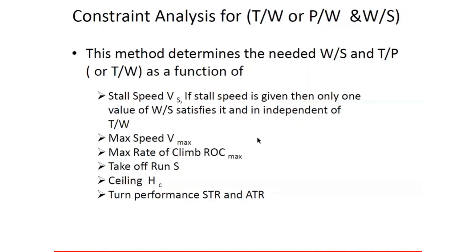It may happen that the thrust or power, whatever you have chosen, that particular value of engines may not be available. So we'll have to go back and relook at all your performance parameters and look at the nearest engine. Initially, what people have done is design with what's called a rubber engine.